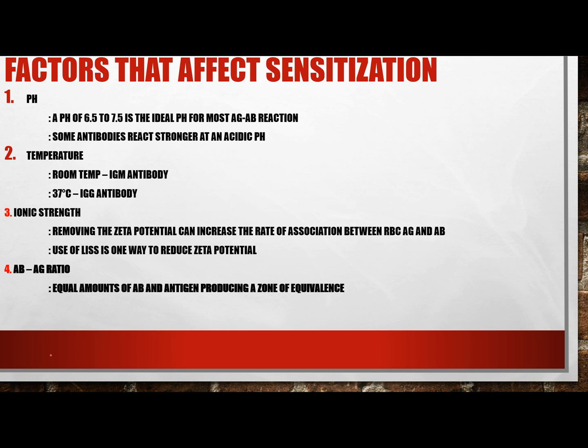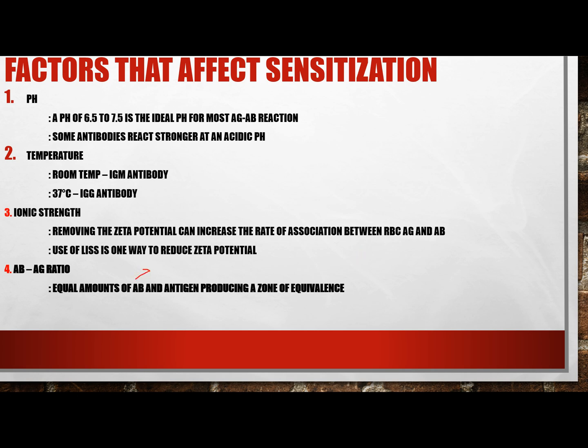Then we also have the antibody antigen ratio. Equal amounts of antibody and antigen produce a zone of equivalence. When you perform a reaction, you need to make sure that there are equal amounts of antibody and antigen.